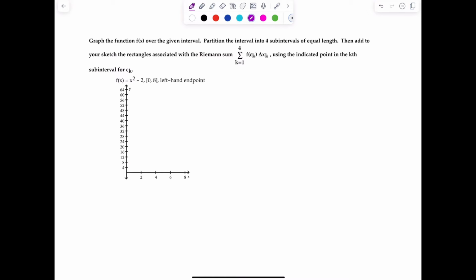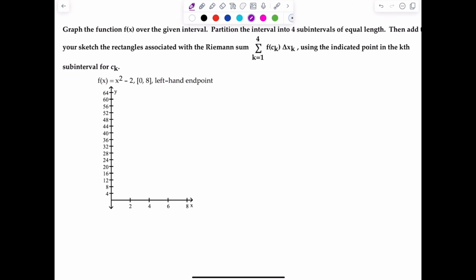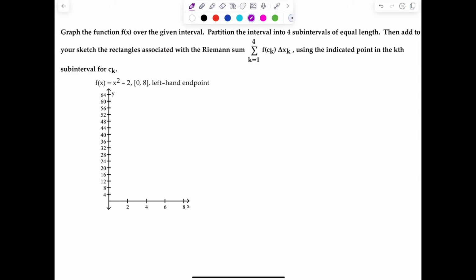Okay, so we're going to graph this function, x squared minus 2, on the interval from 0 to 8. Let's do that first, okay? So f of 0 would be negative 2. F of, let's just graph every 2 points. F of 2 would be 4 minus 2, that's 2. F of 4 would be 16 minus 2, so that's 14.